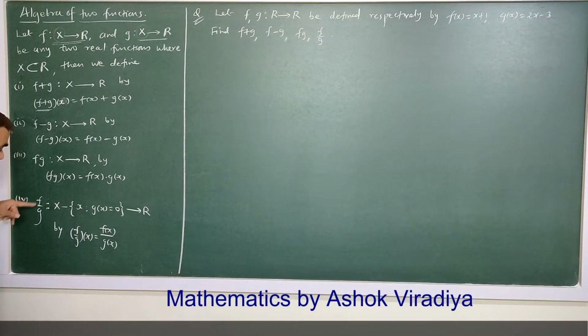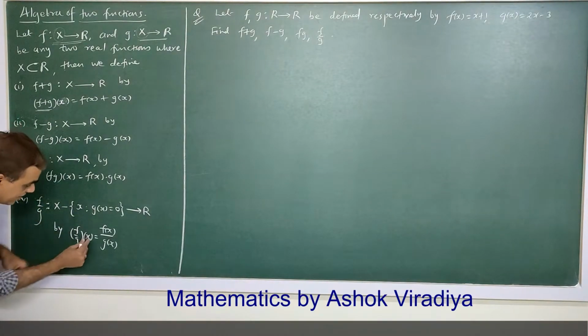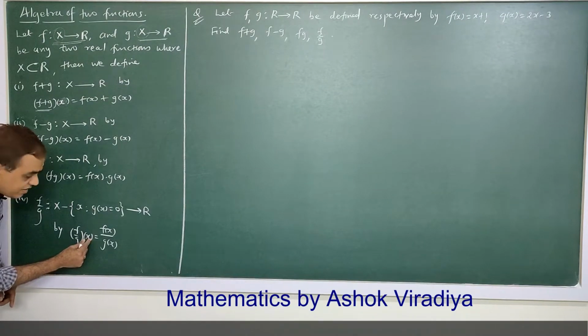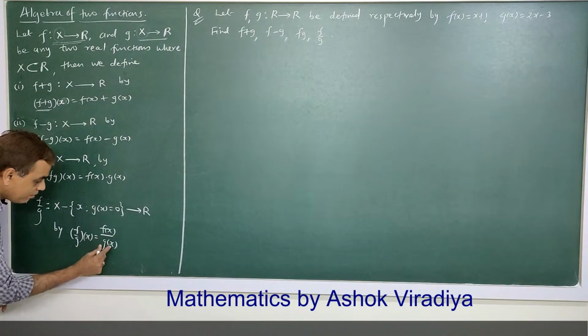Then the quotient of two functions, f upon g. Here the domain will not be the whole X, as we took in the earlier cases. When f upon g works on x, its working is f(x) upon g(x).